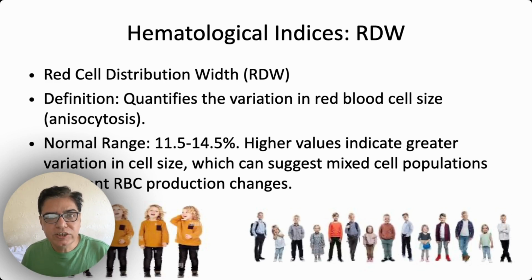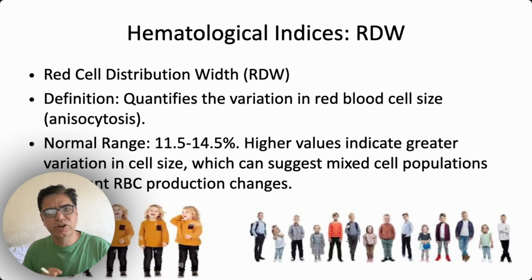The more the variation, the higher the red cell distribution width. So red cell distribution width is telling you how much variation there is in the size. High RDW means that there are small RBCs, medium size RBCs, and big size RBCs. There is a lot of variation in the size.